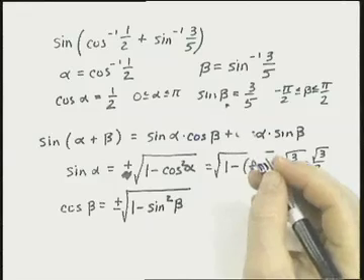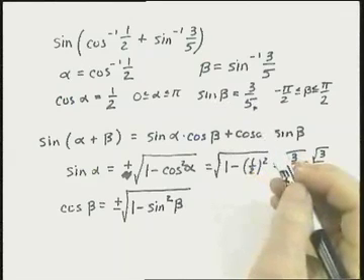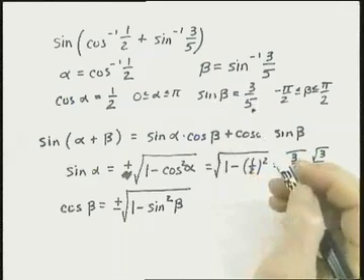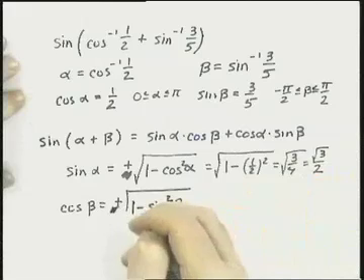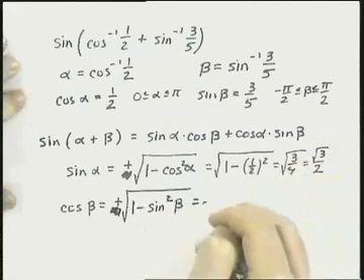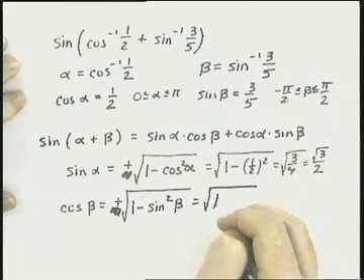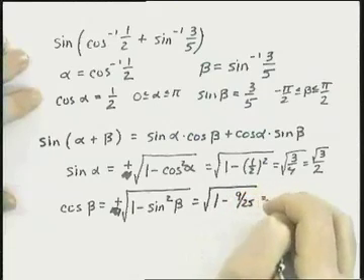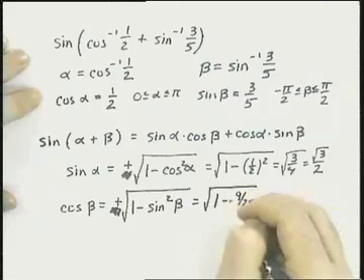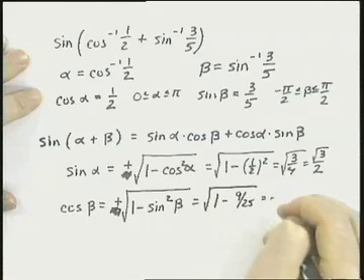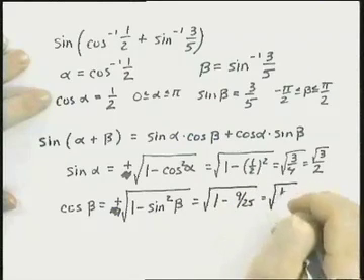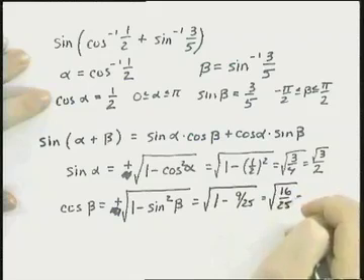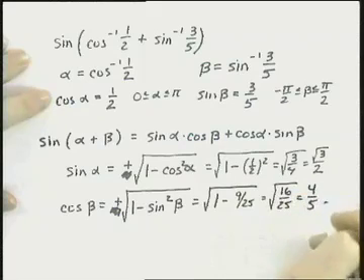Because my sine function is a positive quantity, I know that beta is in the first quadrant, and therefore I'm going to take the positive square root. So I have the positive square root of 1 minus 3/5 squared, or 1 minus 9/25. 25 minus 9 is 16, so I have the square root of 16 over 25, 4/5.